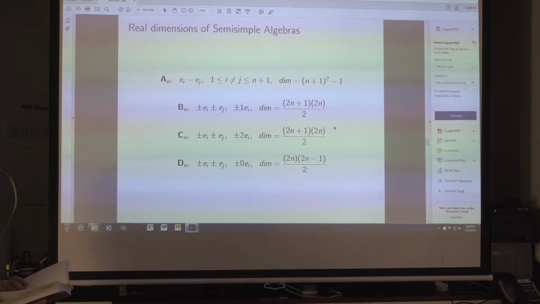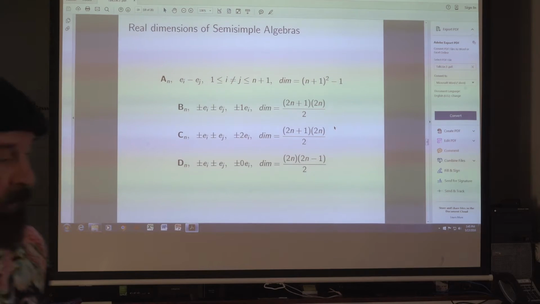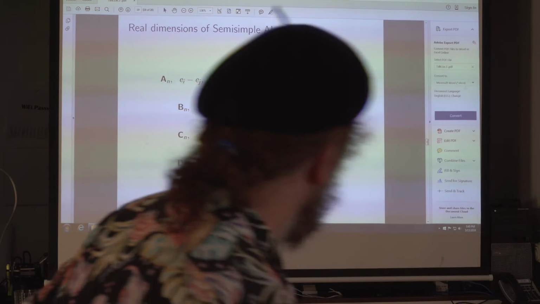And if you look at page 292, you will see a table with the roots, the number of non-zero roots, the total dimension, etc. It's in your little book. You have it? Yeah, okay.